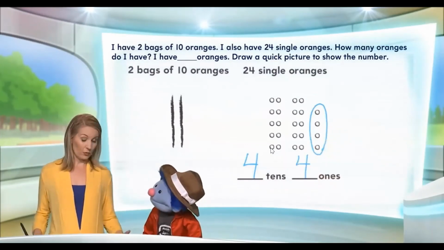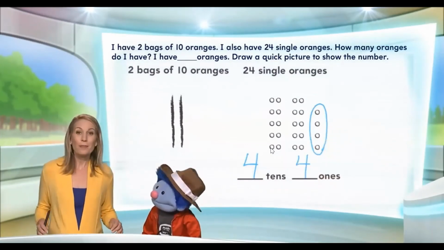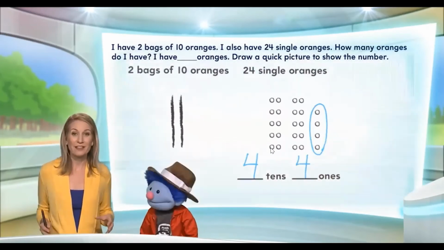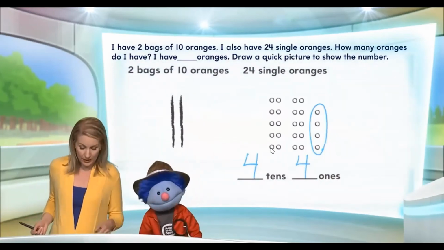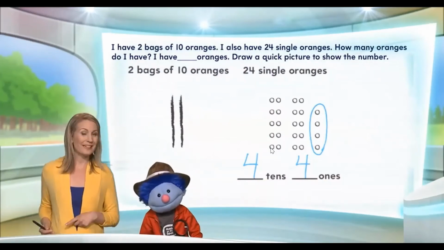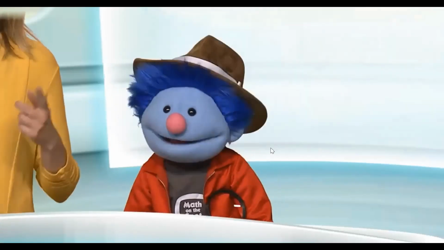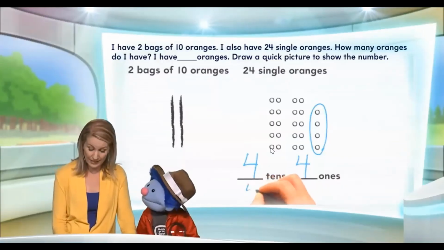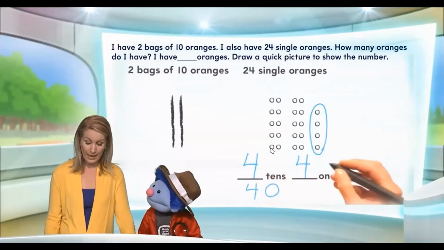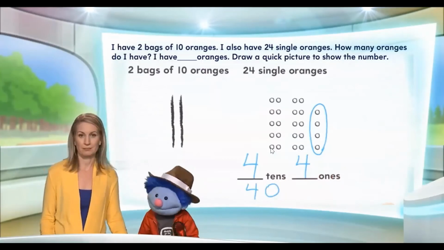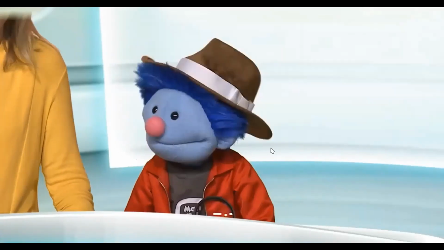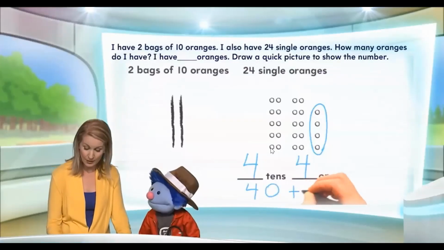Okay, now we need to figure out how many oranges we have all together. So what does 4 tens mean? That's 40. 4 tens is 40. And how much is 4 ones? That's 4. So we're going to say 40 plus 4.